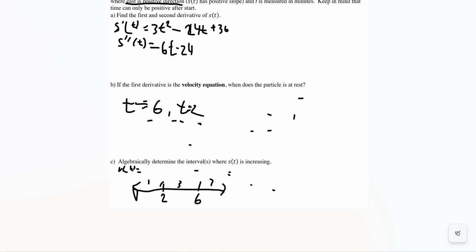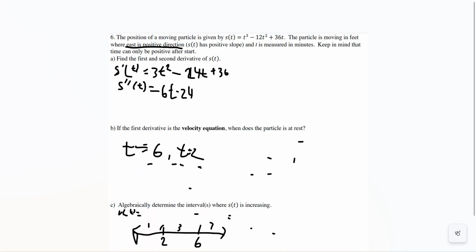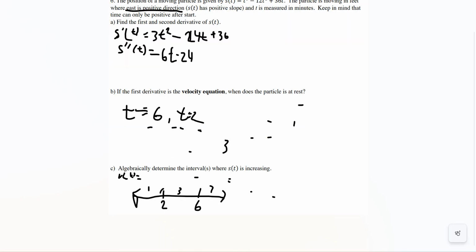When the time is 1, it is going to be 3 times 1, which is 3, minus 24, plus 36. So this is going to be positive, just from what we see. So that is when it's increasing.